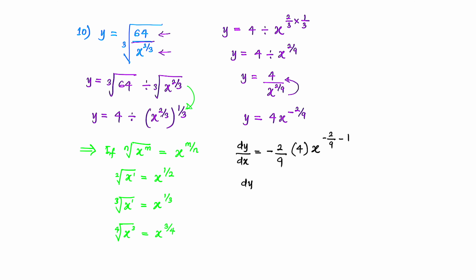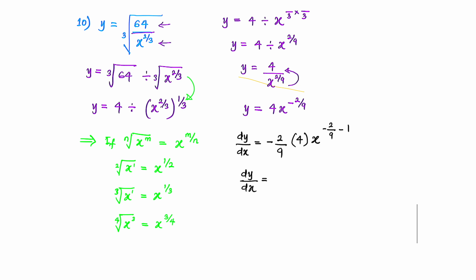So dy dx equals negative 2 multiplied by 4, that's negative 8 divided by 9, x to the power of negative 2 over 9 minus 1. 9 times minus 1 is minus 9, minus 2 minus 9 is minus 11, so minus 11 over 9.